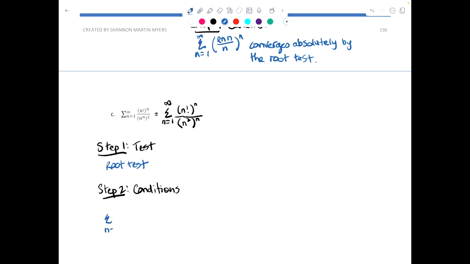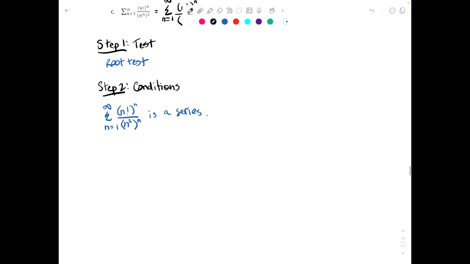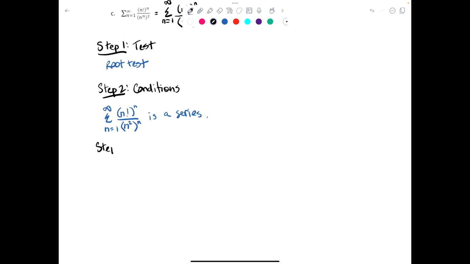So the summation as n goes from 1 to infinity of (n factorial) to the n over (n squared) to the n is a series.